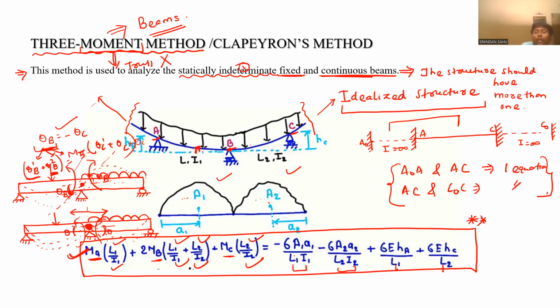Now, A1 will be the area of the bending moment diagram for the span AB under the given load. And A2 will be the area of the bending moment diagram for span BC for the primary structure. This bending moment diagram has been drawn for the primary structure, due to which you can see that at the junction, or at the mid support, the bending moment is 0, because we have assumed there is a bending release.